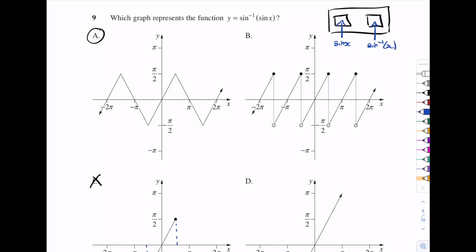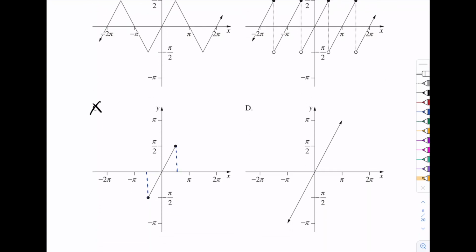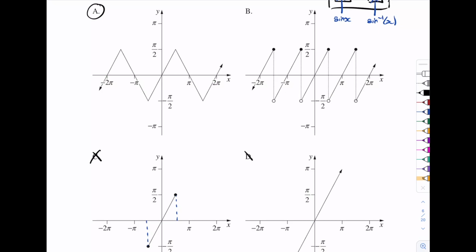The very first function that our x values encounter is sine x, and sine x has a periodic nature. Because of that, our overall function is going to have some periodic nature, and D doesn't have a periodic nature, it's just a straight line. It's basically trying to say it's y equals x. So this one's incorrect.